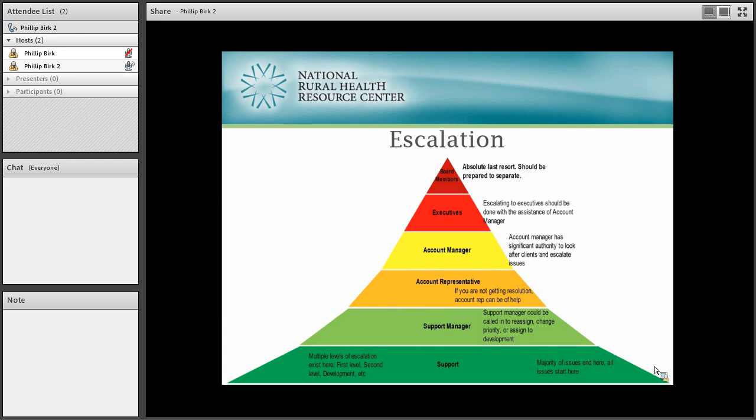That you start out at the bottom at that green support. Most issues should end there. A well-run help desk, the first level of the help desk should resolve about 80% or more of the issues at first level. And then usually there are multiple levels of escalation within support.